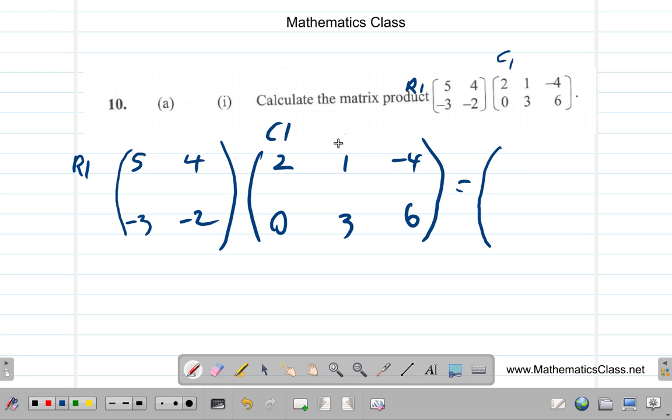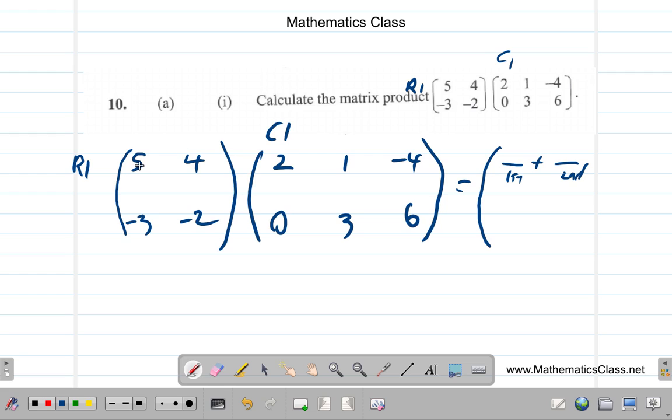In the answer, this is going to be row 1, column 1, so you must multiply row 1 by column 1. Remember the steps. You put the first element in the answer here, plus the second element right here.